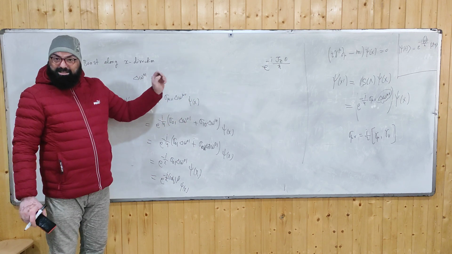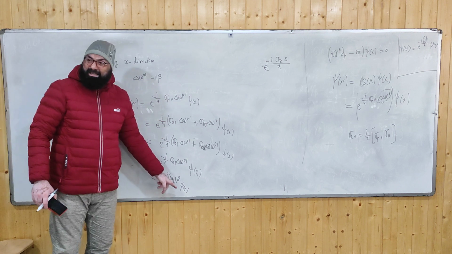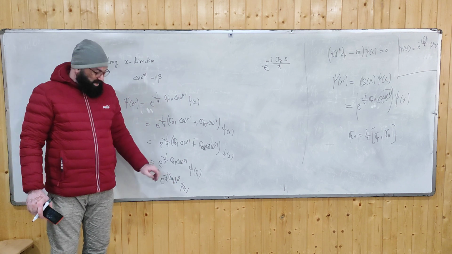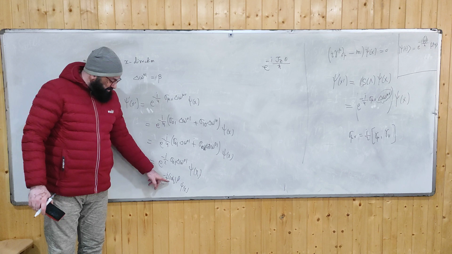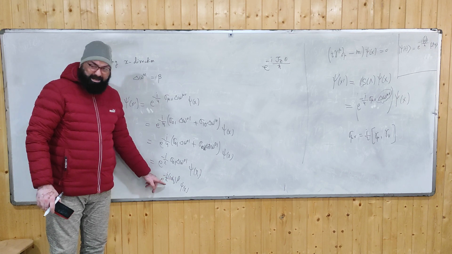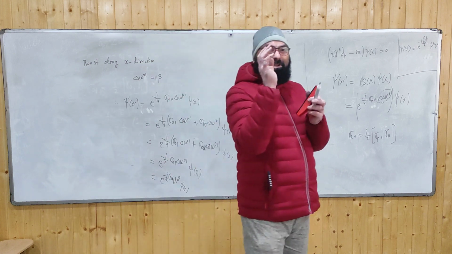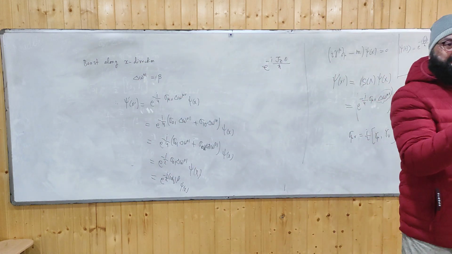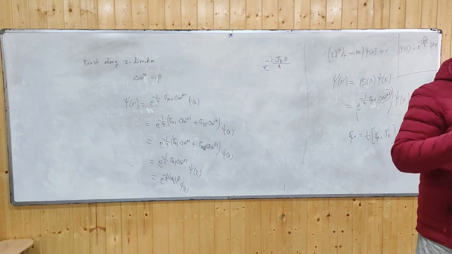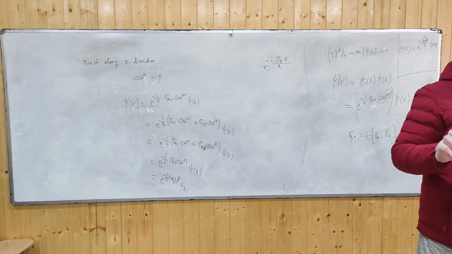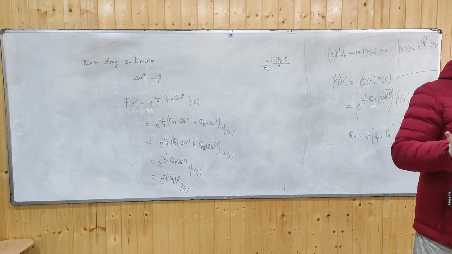Theta is a parameter, and the parameter here is beta. So put minus i here, and what remains is i alpha by 2. So alpha is simply a boost generator along the x direction. In other words, i times alpha gives you the boost direction along x.